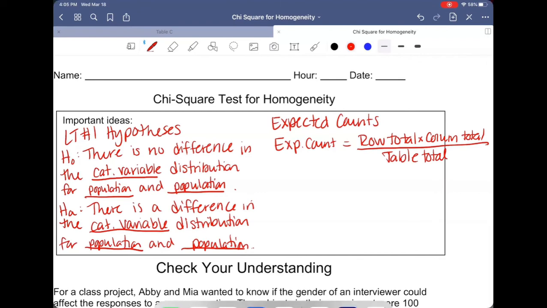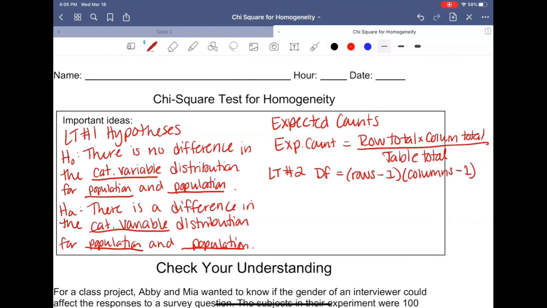Okay. Our next learning target was about degrees of freedom. So our degrees of freedom for this type is the number of rows minus 1 times the number of columns minus 1.